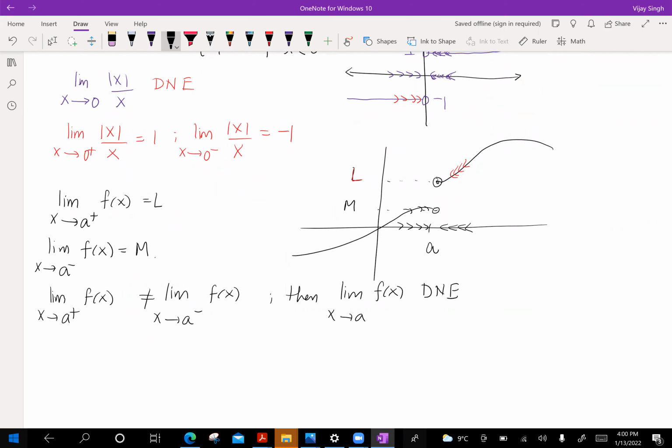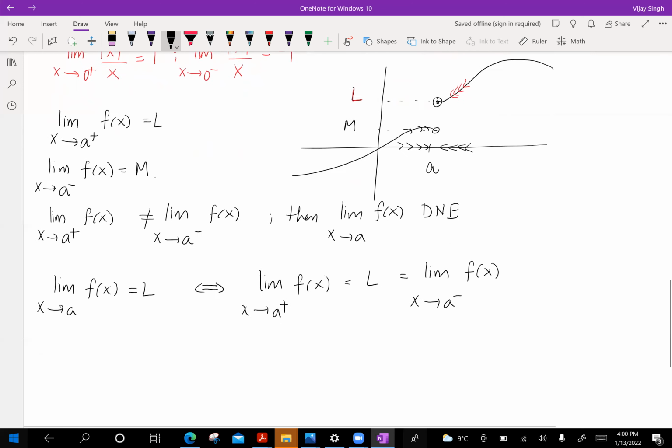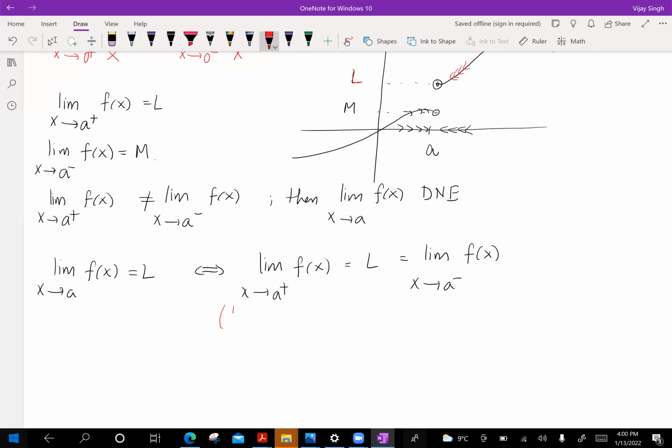Okay, so this is a negative result. Let me write down a positive result associated to it. We say the limit as x goes to a of f of x is L if and only if, whether you go from left or right, both the right hand limit and the left hand limit are L. Then the limit is L. If the limit is L, then both the left hand and right hand limits are L. Okay, so I'll call this part the right hand limit, and this will be the left hand limit.